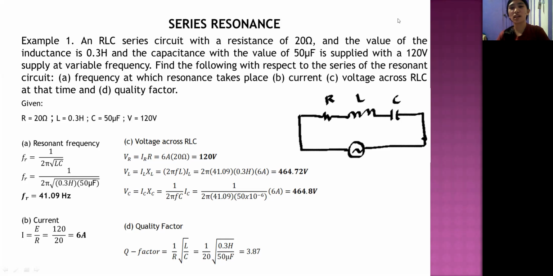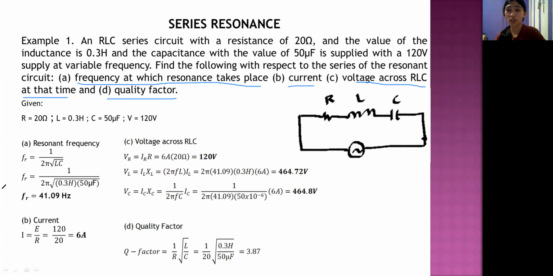We're asked to first find the frequency at which resonance takes place in the given series resonance circuit, then the current and the voltage across RLC at that time, and lastly the quality factor.